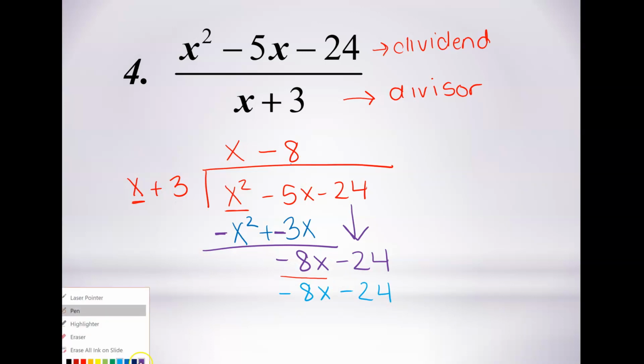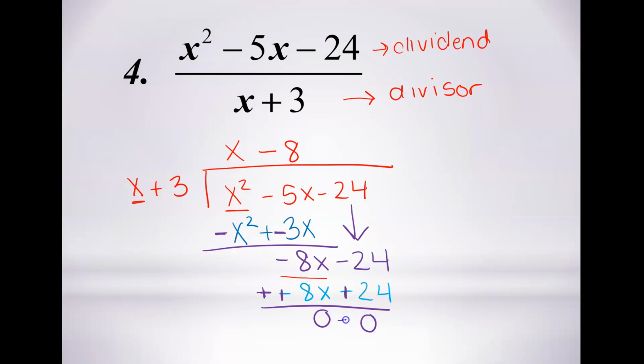But we subtract our answer away, so a minus turns to a positive. Negative 8x plus 8x is 0. Negative 24 plus 24 is 0. So 0 plus 0 is 0.